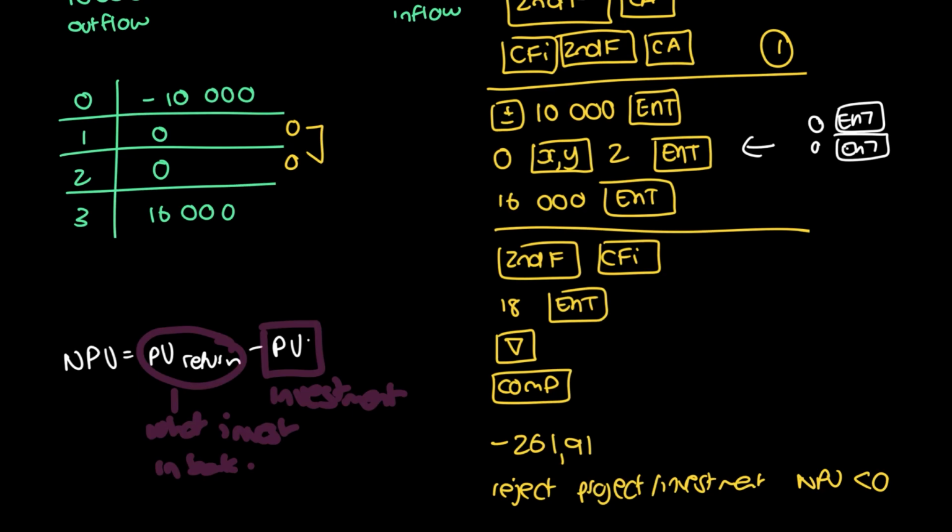So in the end, if it's negative, it means you have to invest more in your project than you would invest in the bank to get the same future value out.